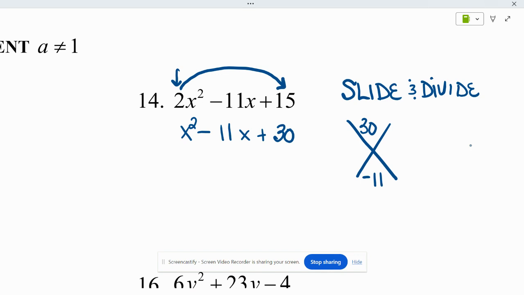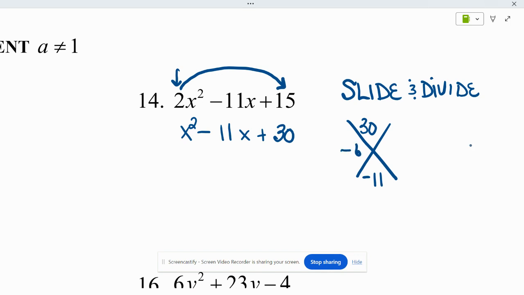You're looking for two numbers that when you add them together, you get a sum of negative 11. What are your two numbers? Yes, ma'am. Your two factors are going to be negative 6 and negative 5.